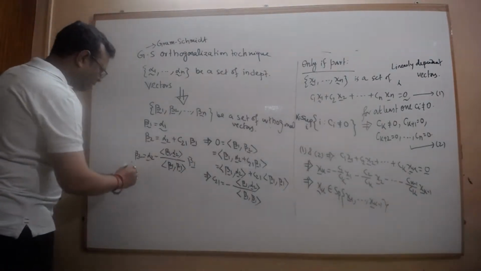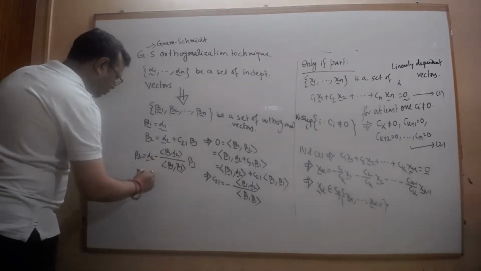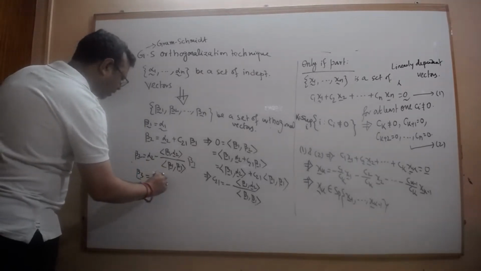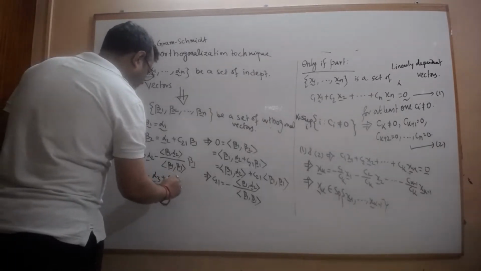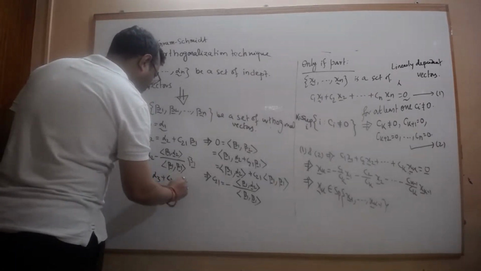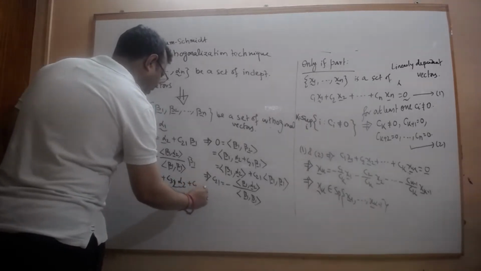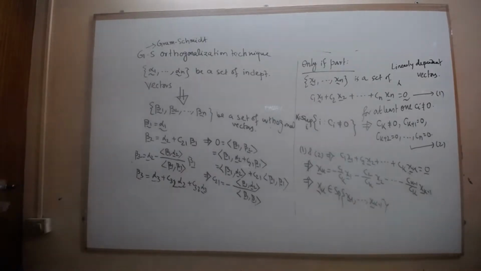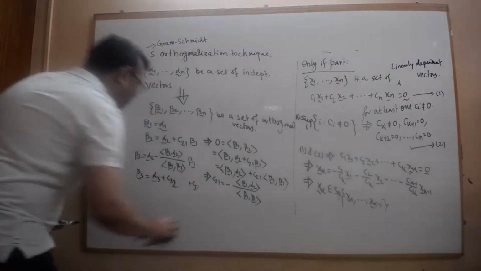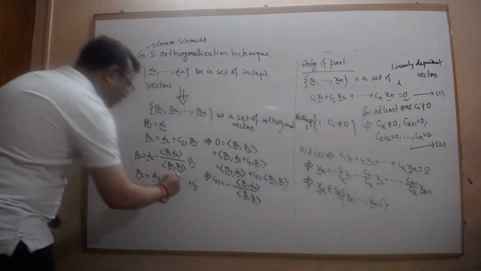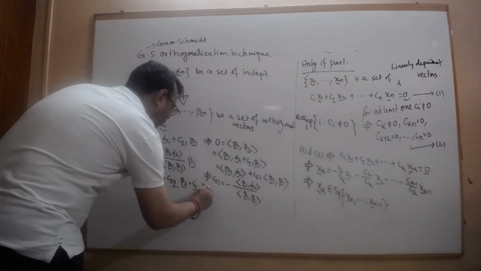Similarly, for beta 3, you write beta 3 equal to alpha 3 plus C31 beta 1 curl plus C32 beta 2 curl, using the same method. Sorry, it should be beta 2 curl and beta 1 curl.